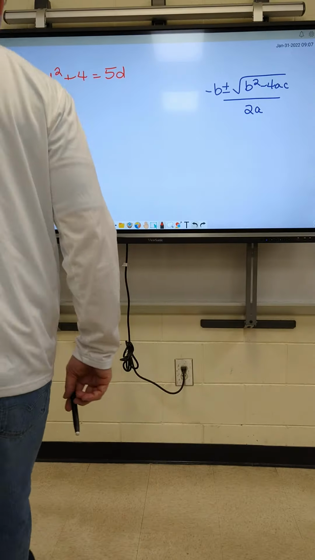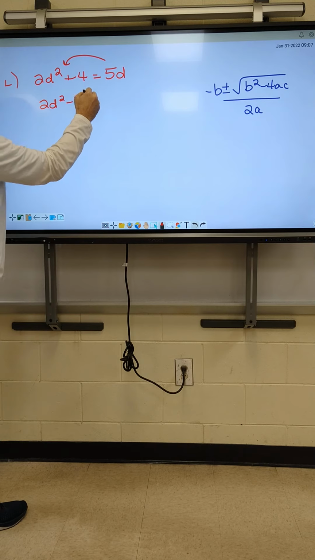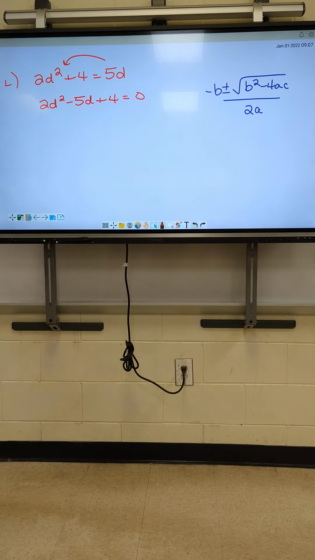In order. So we've got to move 5d over here and reset it up. 2d squared minus 5d plus 4. All right, now see how far y'all can go on that one.